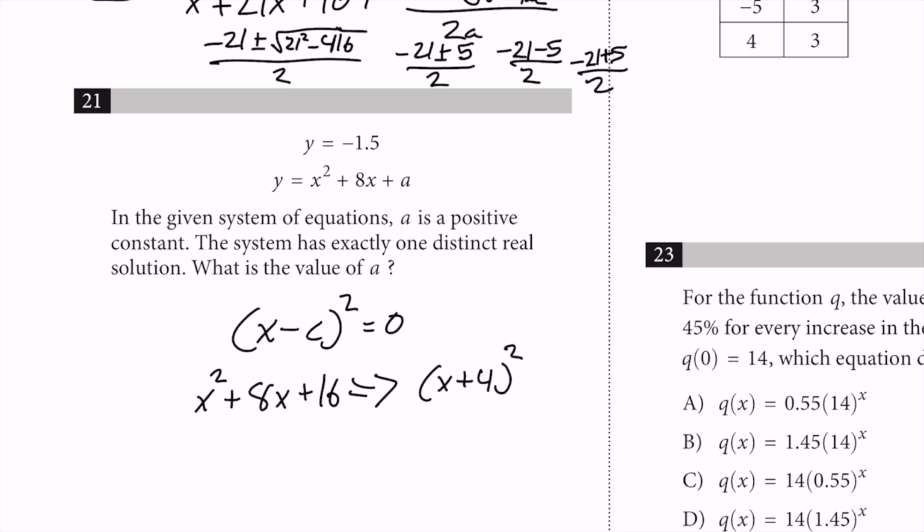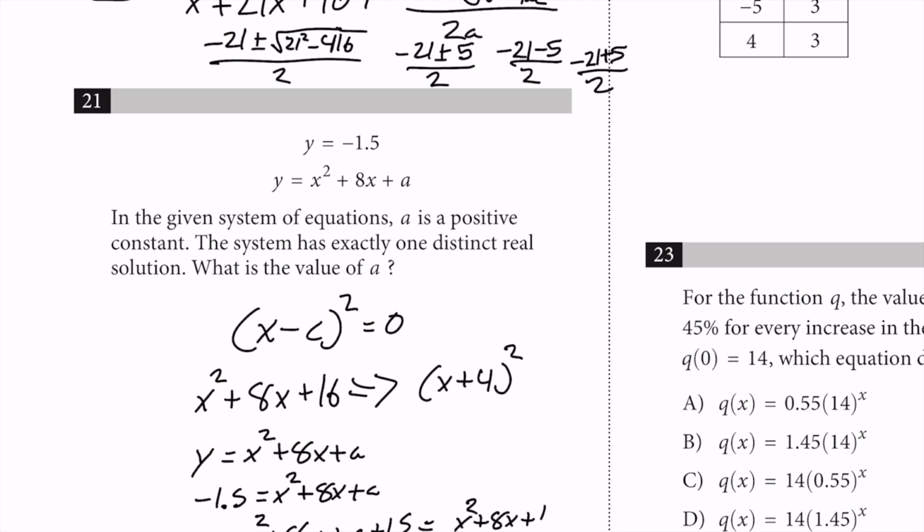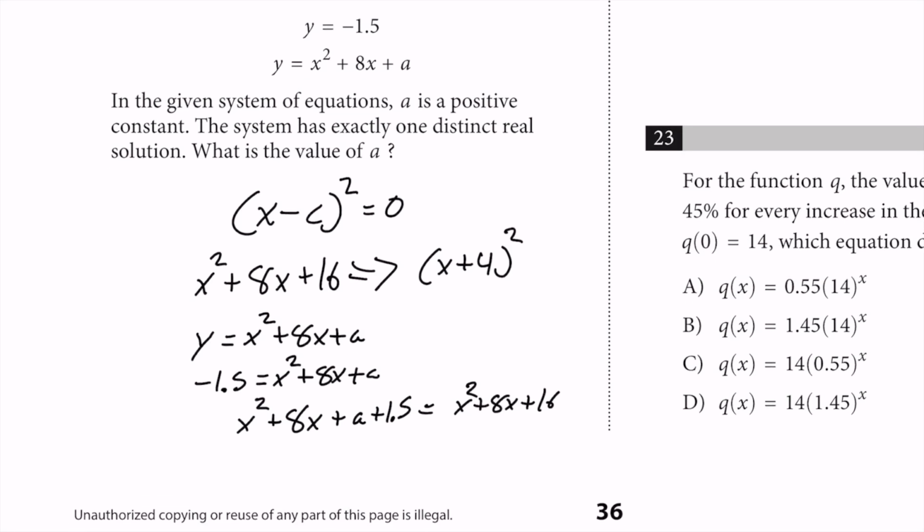And that tells us that when we take y equals x squared plus 8x plus a, negative 1.5 equals x squared plus 8x plus a, x squared plus 8x plus a plus 1.5 is equal to x squared plus 8x plus 16, which requires that a plus 1.5 is equal to 16. A is then equal to 14.5 or 29 over 2.